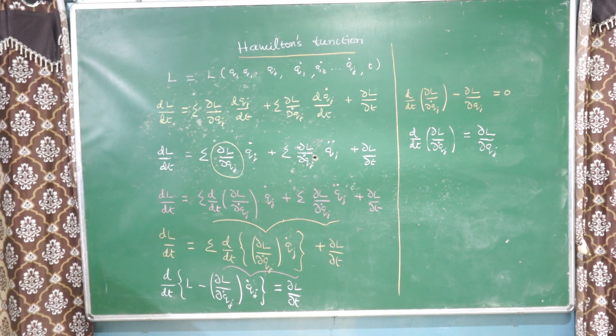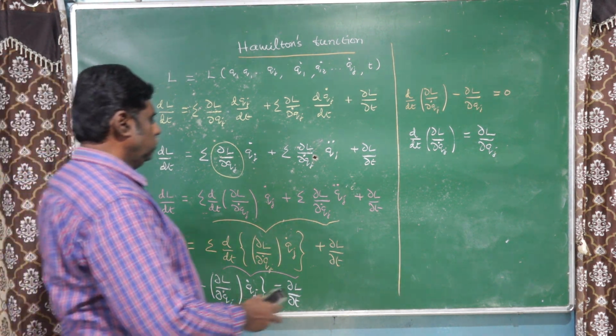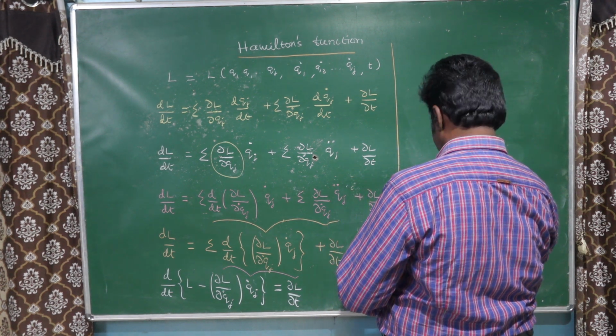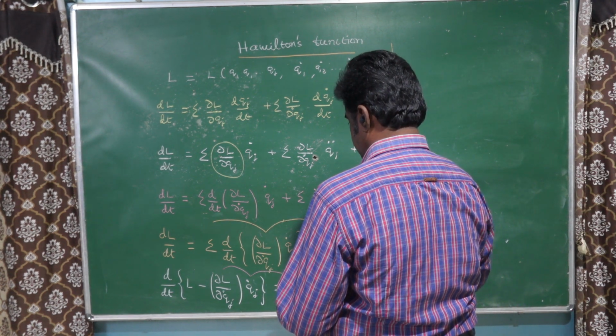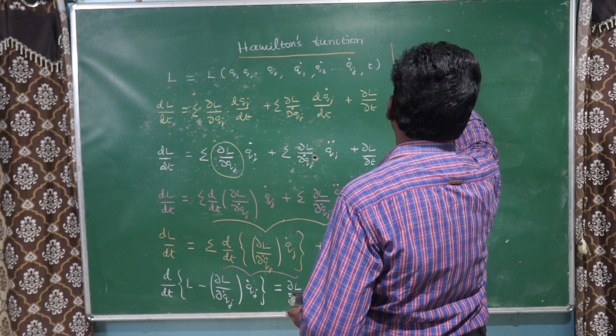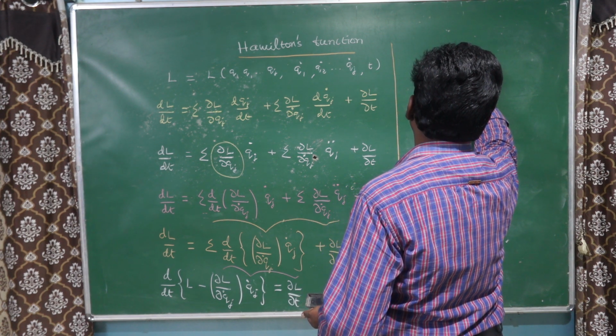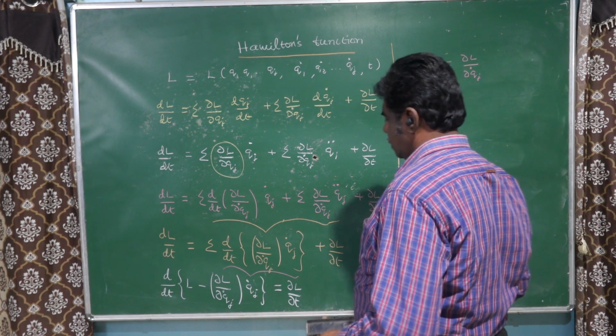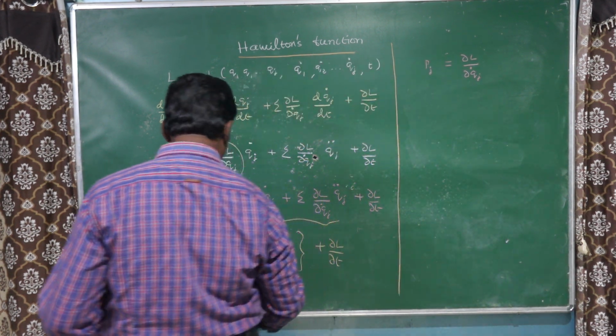Now we are going to introduce a concept, generalized momentum. The generalized momentum Pj is ∂L by ∂qj dot. This is our generalized momentum.